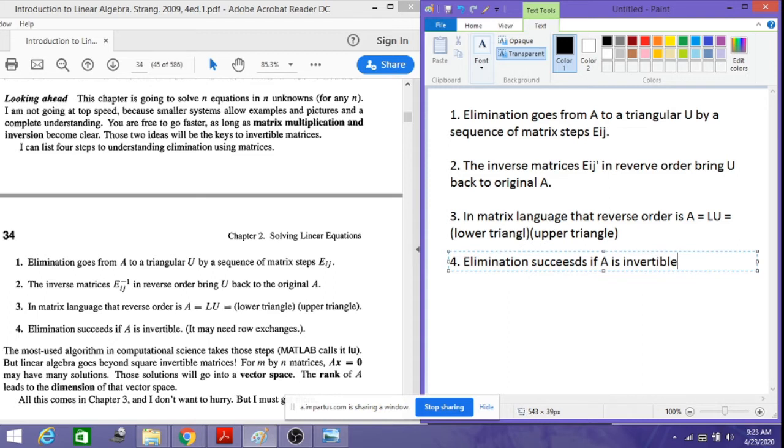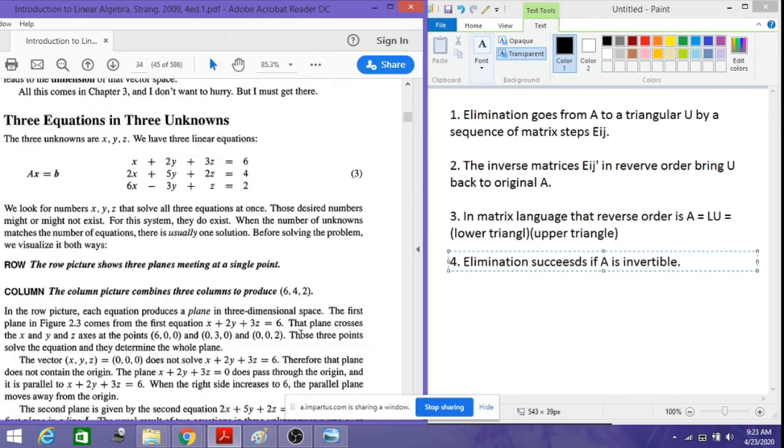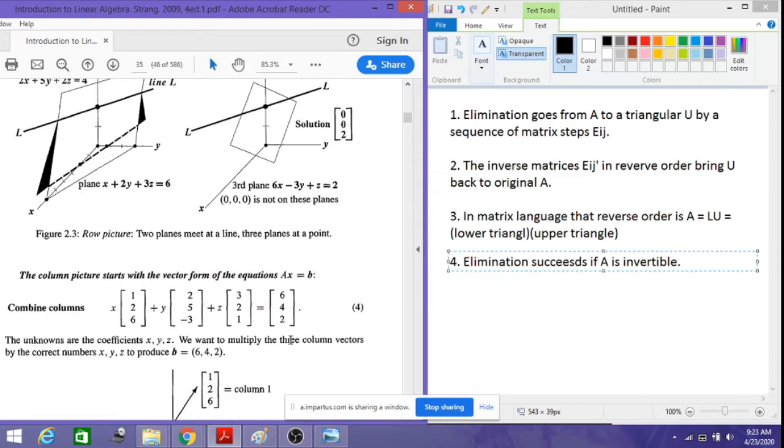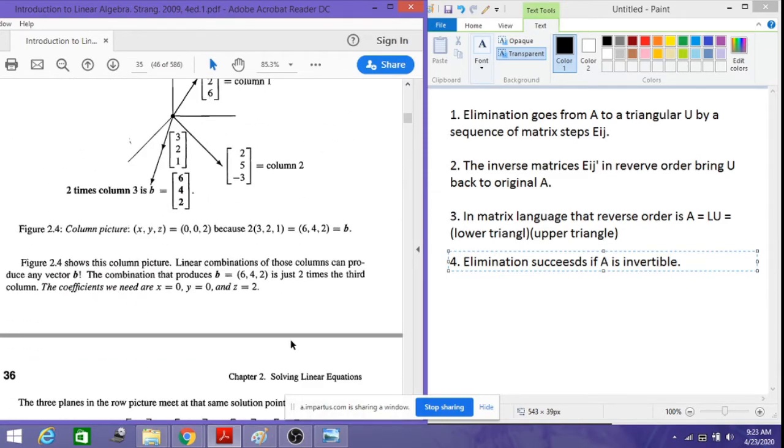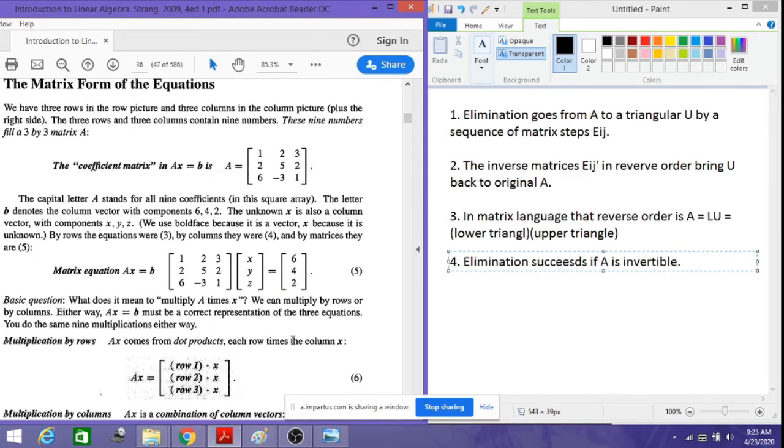It means that the elimination process will be successful only if A has an inverse. These are the points which we have to remember. There is also a 3 cross 3 matrix. I'll not go into the representation right now, you can write and understand it.